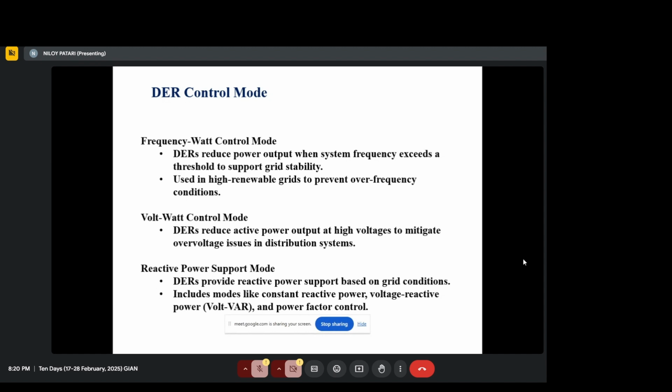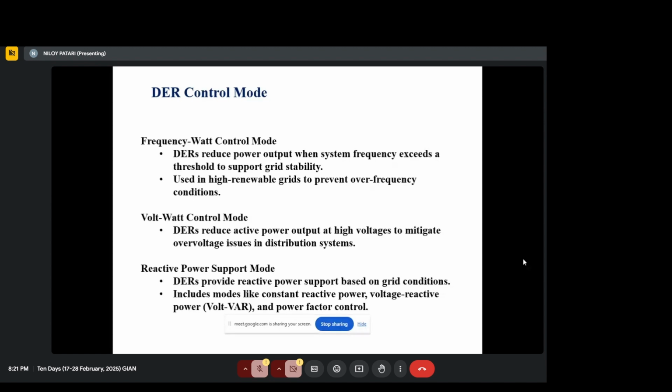Reactive power support mode is another ancillary service that DERs can provide to the grid. If you have to do power factor control, or boost the voltage at a certain section of the feeder or power grid, then you can tell the DER to inject or absorb reactive power, and you can stabilize the grid according to your needs, right?